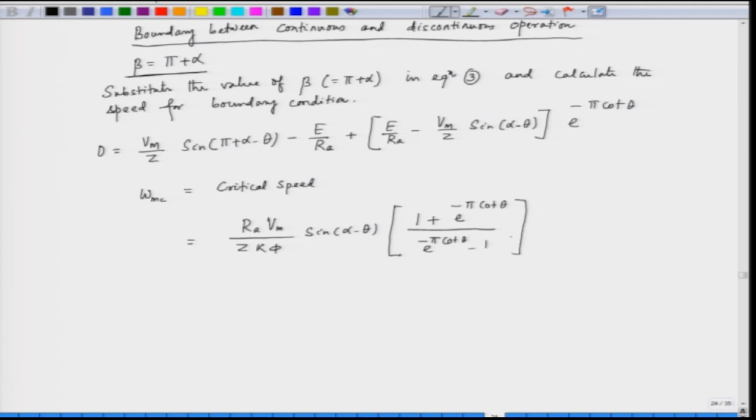This is the value of the critical speed. If the speed is above the critical speed, the operation is discontinuous. If the speed is less than this critical speed, the operation is continuous.